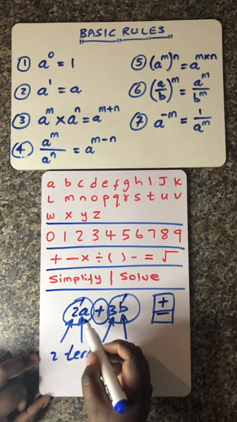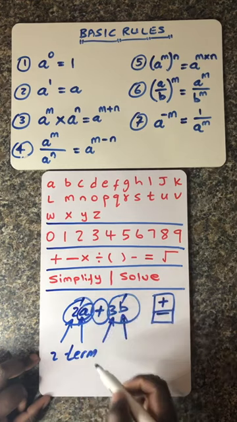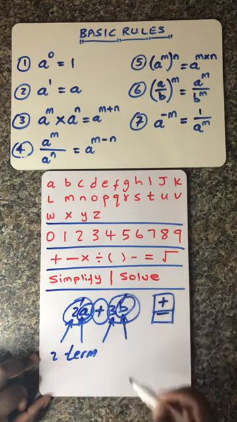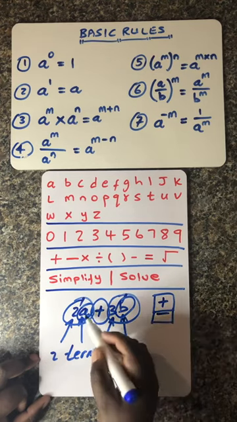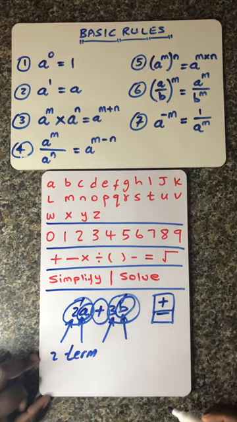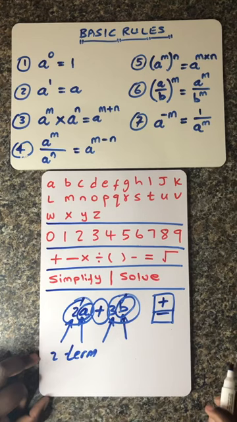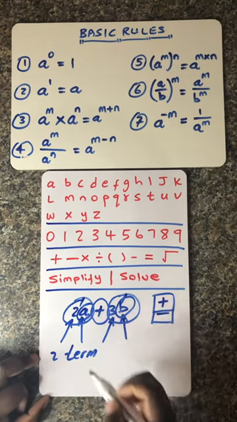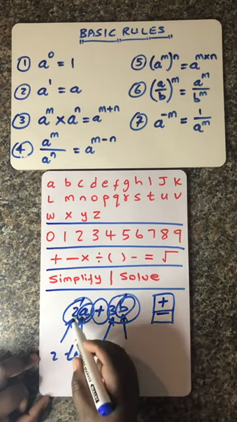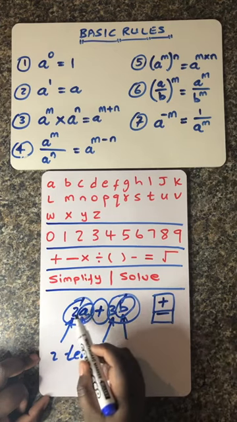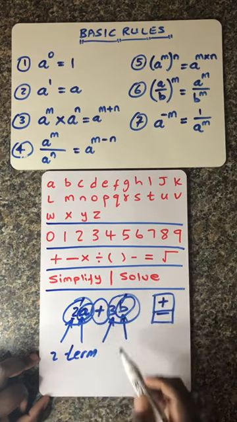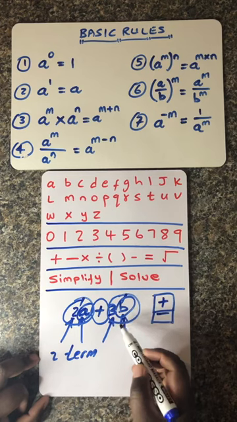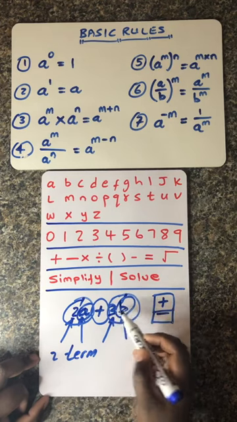Because a is a letter and b is a letter, a and b could be representing something else, and whatever a is representing, this 2 means it's 2 of those a's. What this 3 means is 3 of those b's.